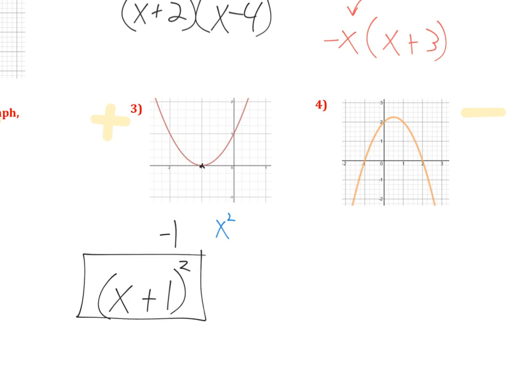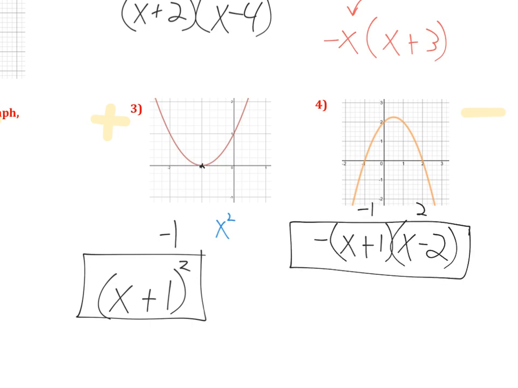This one was positive, so no negative coefficient needed there. And last one, number 4. We get -1, so that'd be x plus 1 as a factor, and +2, so that'd be x minus 2 as a factor. And we said this graph was negative, so I'll just pop a negative sign out front.